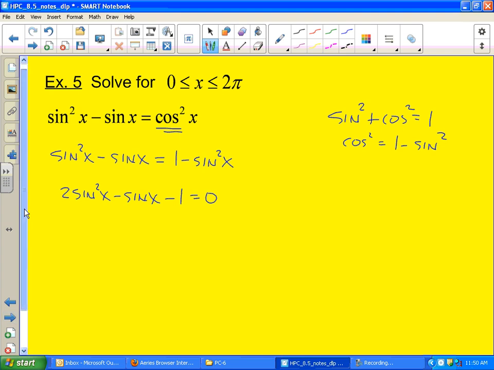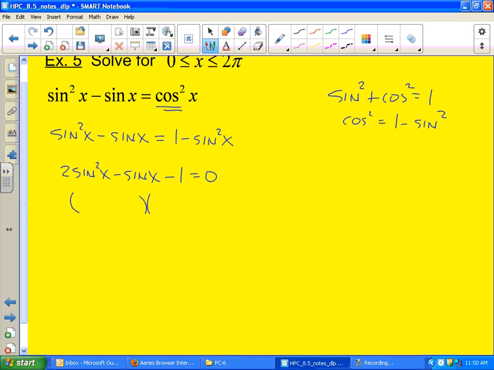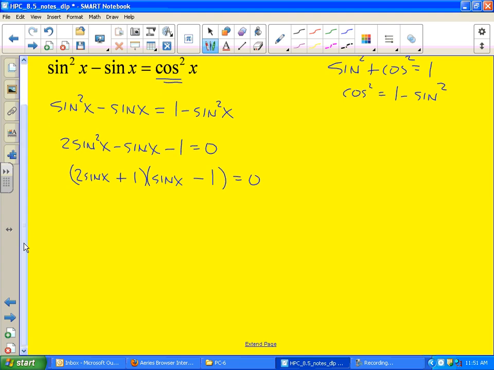And I believe we will be able to factor this one. We have 2 sine x and sine x, and a negative 2 plus a 1 again. Looks similar to one of the other problems I think we had. So we get 2 sine x plus 1 equals 0, or sine x minus 1 equals 0. So we get sine x is equal to negative 1/2, and sine x is equal to positive 1.